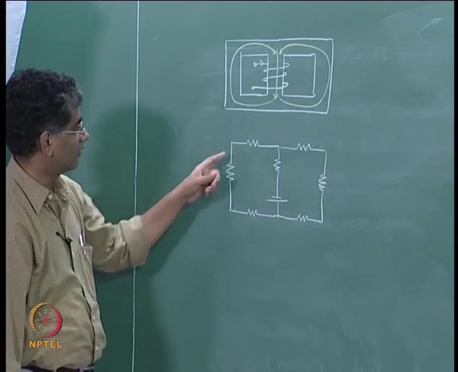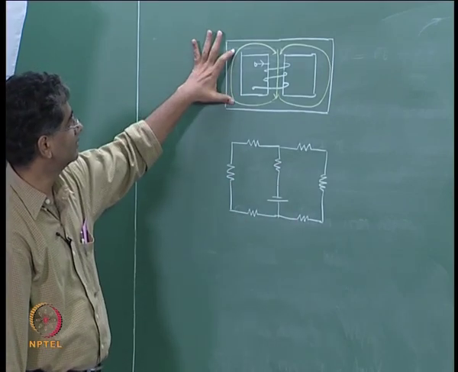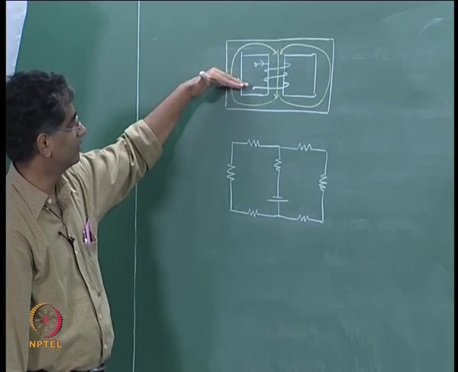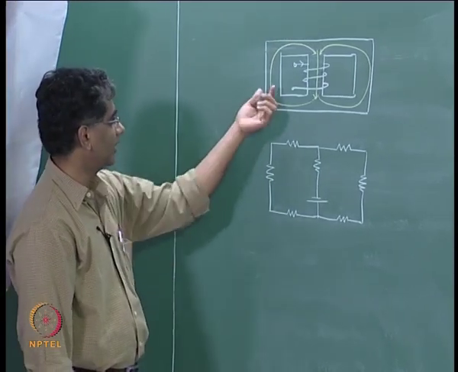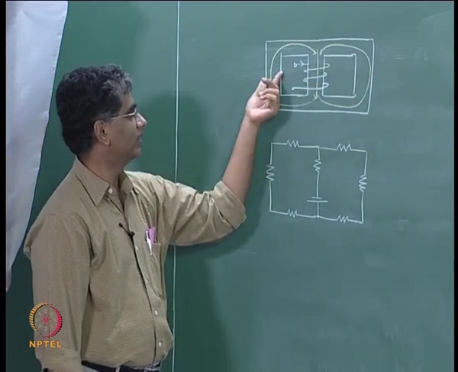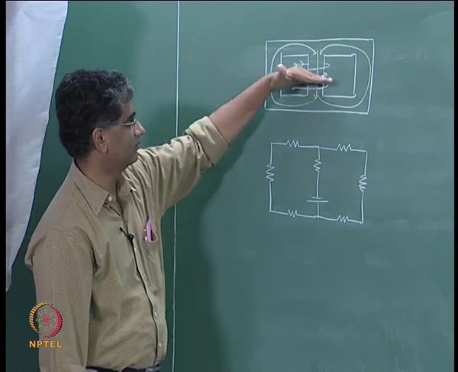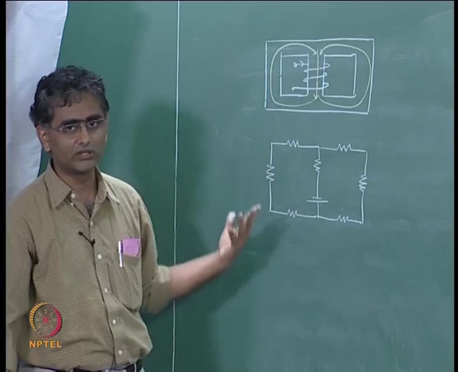The values of all the reluctances that we have drawn will depend upon the length, area of cross section and the material, of course. Now you may have different areas here and here. These three areas need not be the same, it may be different depending on how you design the core.